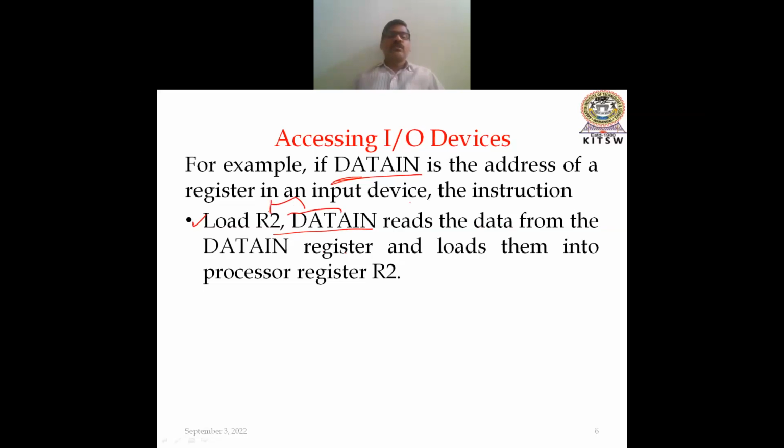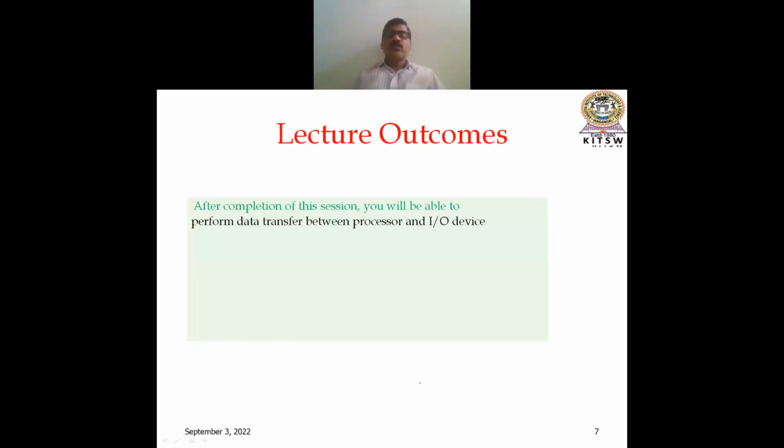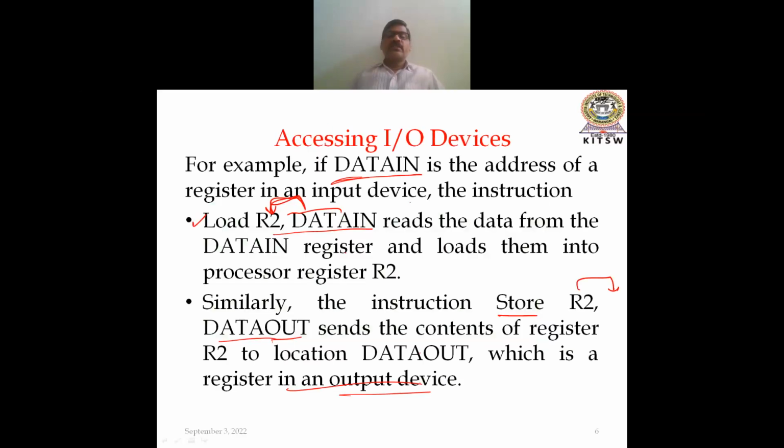So from DATAIN to the R2 register it will be loaded. Similarly, the instruction Store R2, DATAOUT sends the contents of R2 to the register location called DATAOUT, which is a register associated with an output device. So this is about accessing IO devices by making use of memory mapped IO and the DATAIN and DATAOUT registers.